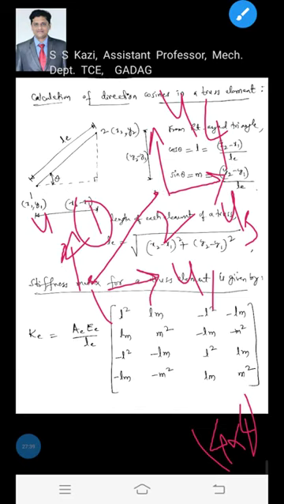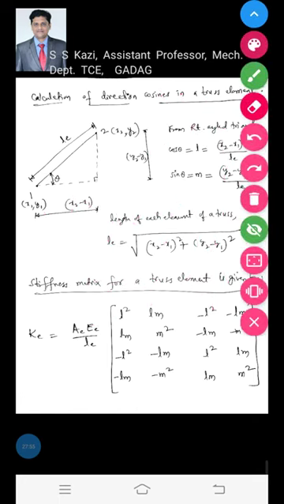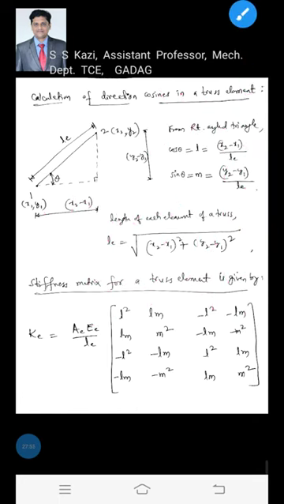Totally, for a single element with two nodes, we have 4 unknowns, that is 4 DOFs. Hence the order of the matrix will be 4 cross 4.